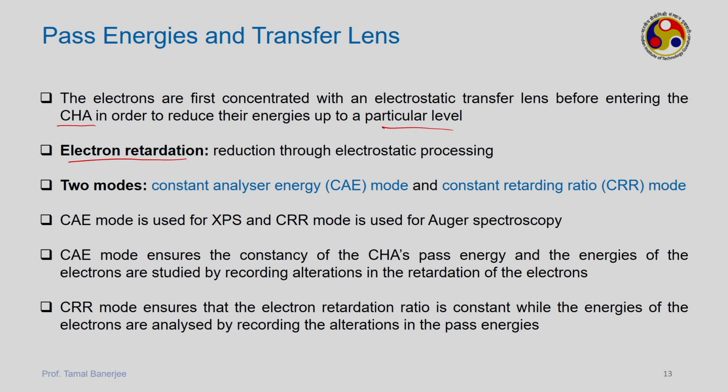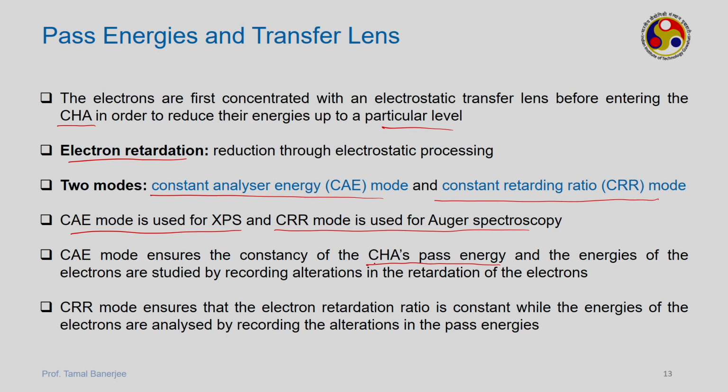There are two ways of reducing the speed. One is the constant analyzer energy mode, CAE mode, and the other is the constant retardation ratio mode, that is CRR mode. CAE mode is used for XPS and CRR mode is used for Auger spectroscopy. Now, what is CAE mode? CAE mode ensures the constancy of the pass energy.